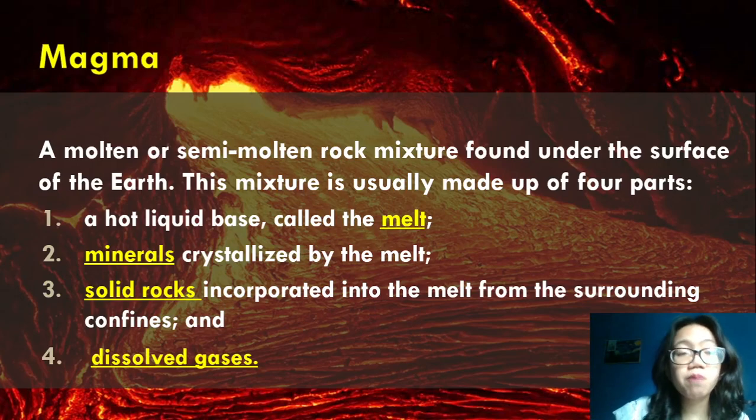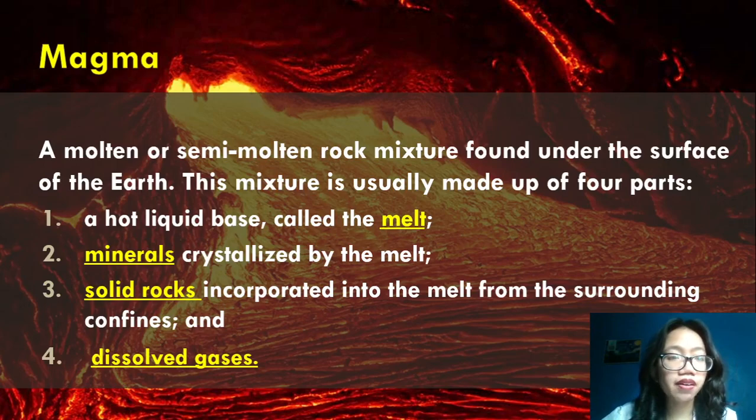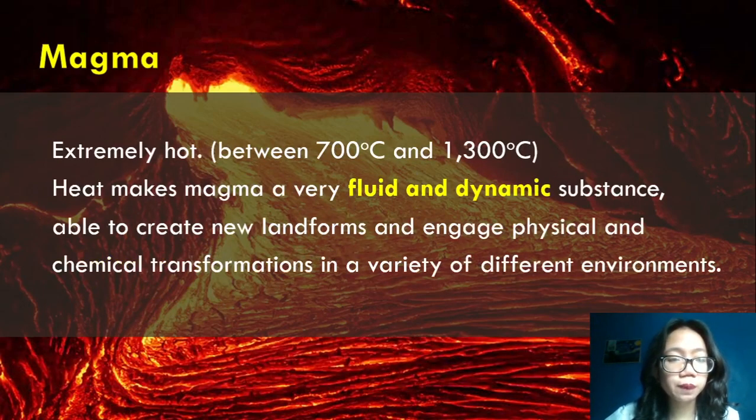That is a component of magma. So once magma is in your volcano, you will be able to detect the dissolved gases first. If there are high levels of volcanic gases, then you have magma coming for an eruption.